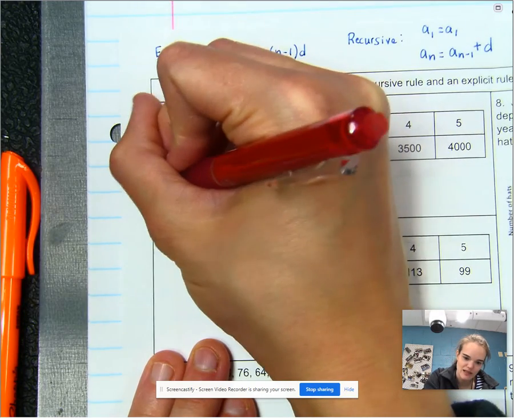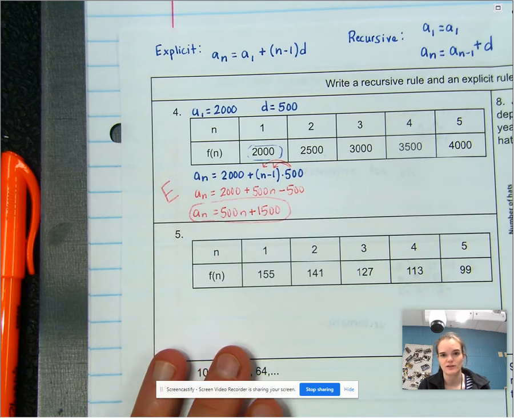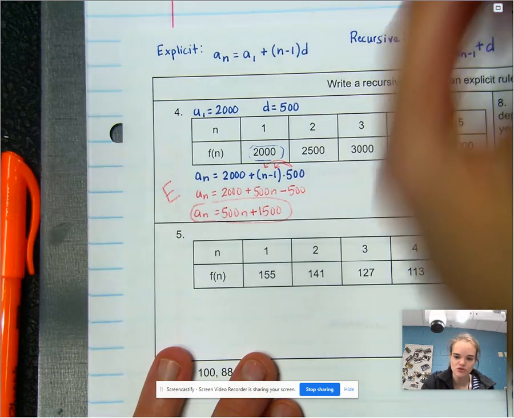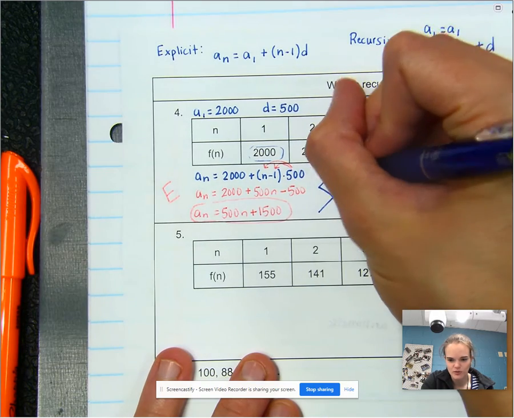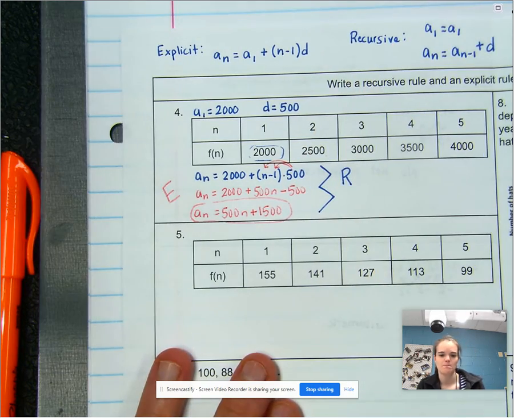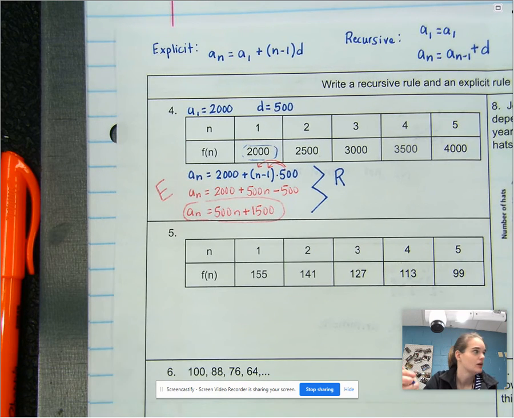I'm going to put a big E here. I'm not going to write explicit because I sure don't want to. I like to write as little as possible. I'm going to draw a line right here so I know that I'm doing the next part, the recursive part. I want you to organize your homework in some way so I can tell the difference. Yes, I know what the answer should look like, but I need to know that you identify the difference.